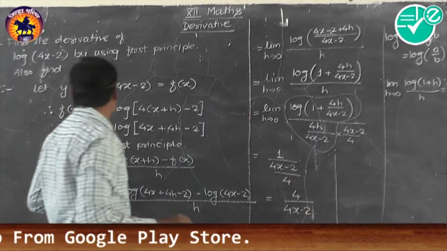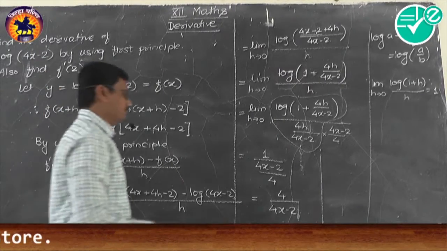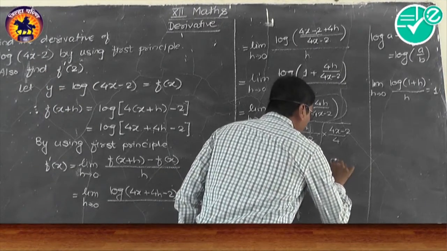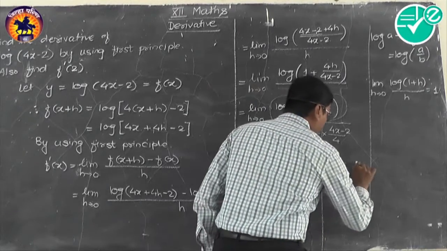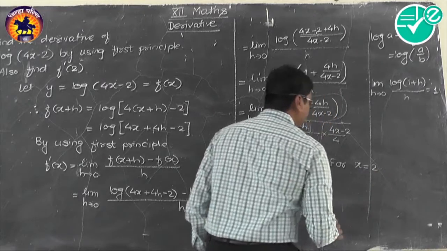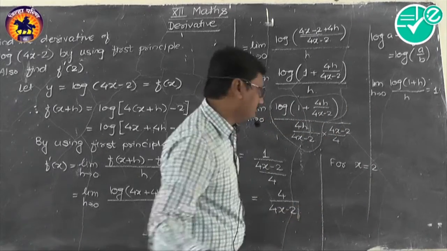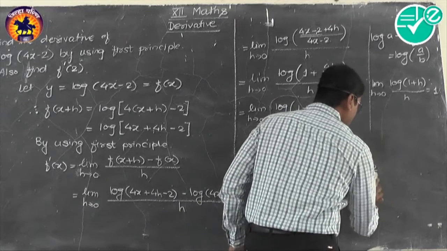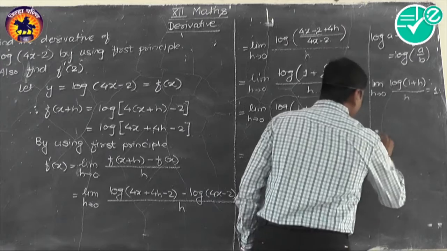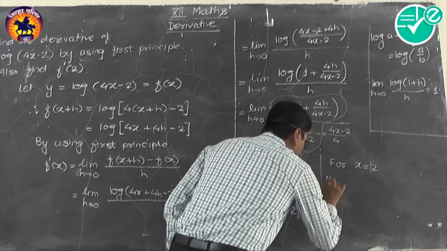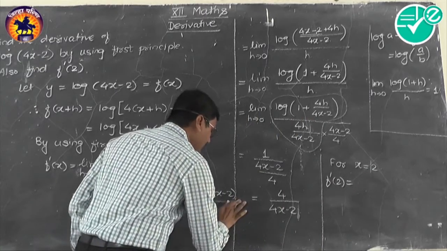But also we have to find f dash of 2. For x is equal to 2, f dash of 2 equal to, this is f dash of x.